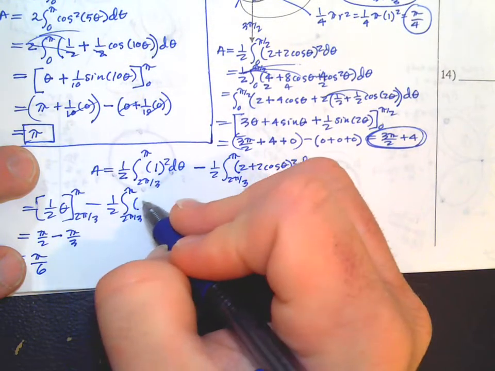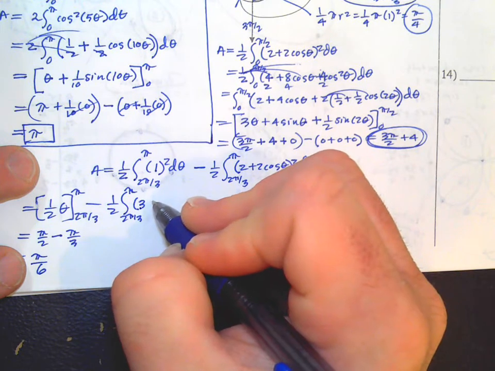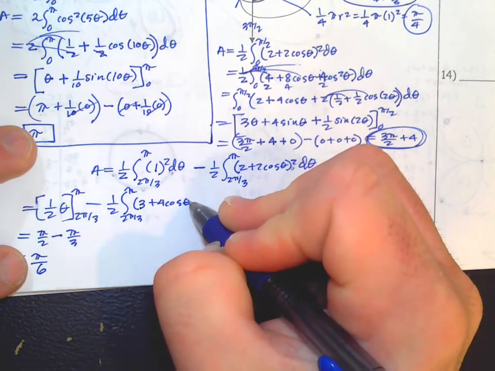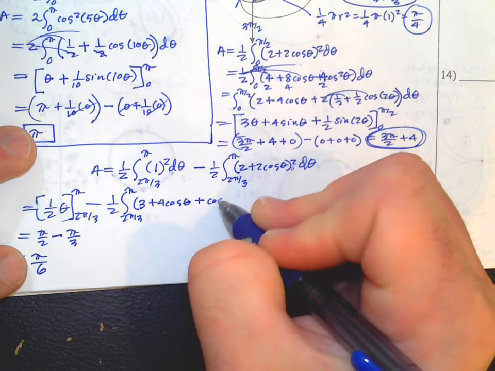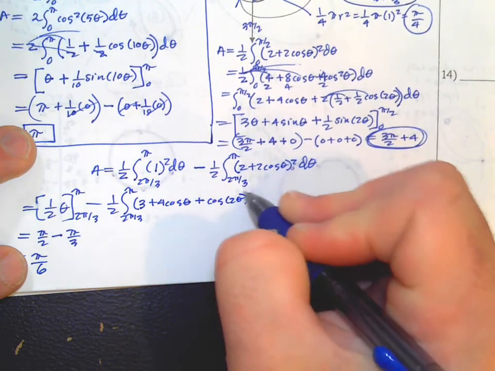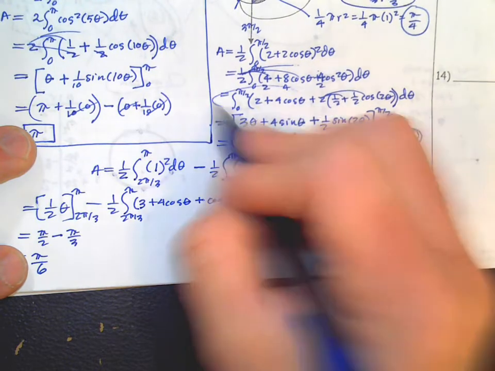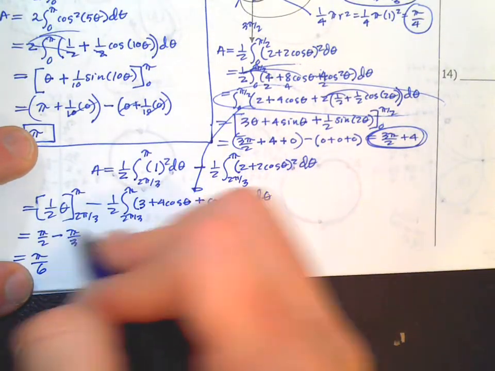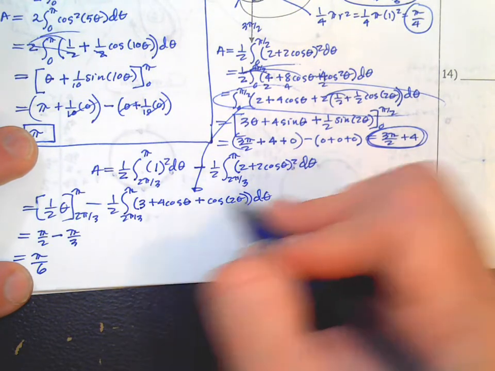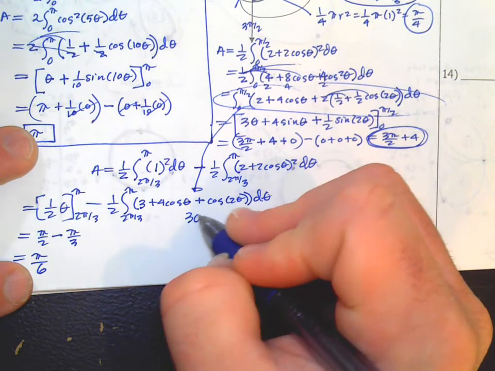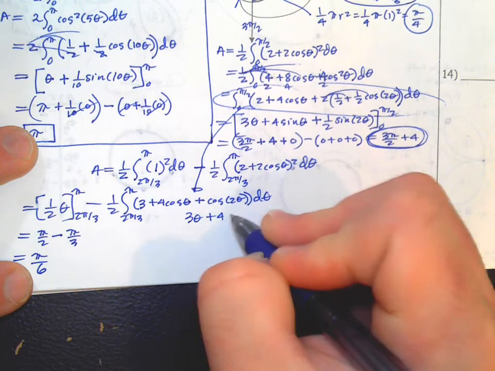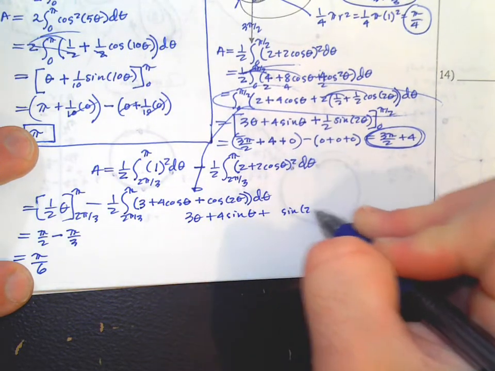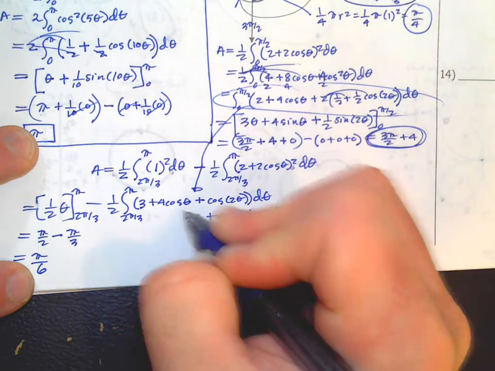We had 3 plus 4 cosine theta plus cosine 2 theta. Once we did all this work, right? It's the same thing. The antiderivative is 3 theta plus 4 sine theta plus 1/2 sine 2 theta.